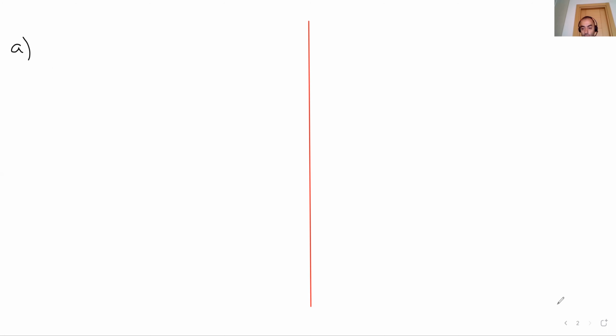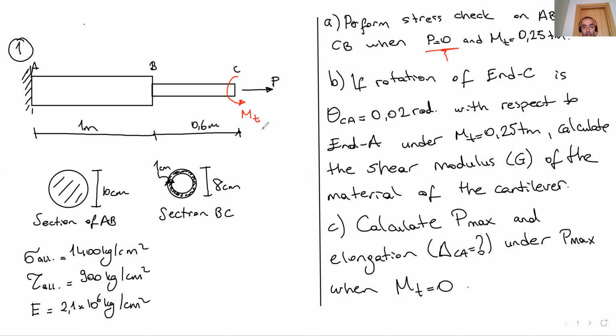It's easy. Remember, when we have a moment like this red one, we use the right hand rule. Our 4 fingers follow the moment direction, and the thumb shows us the moment vector direction. If we do that, our thumb goes to the right hand side.